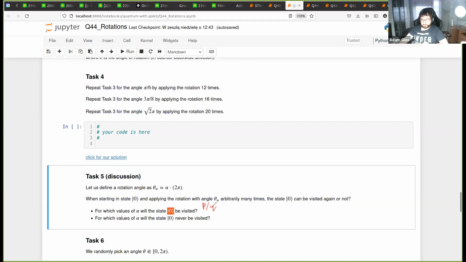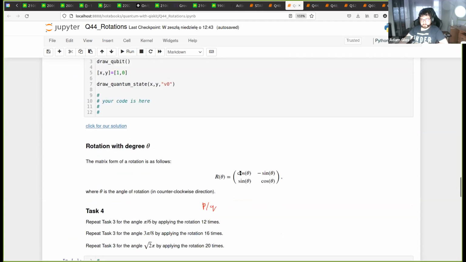So the thing is, at least for rational, it's extremely simple to show. Suppose we have a rational number p over q. These are integers, both p and q. We just apply this rotation gate q times, and you are guaranteed that this angle will be 2 times pi times p. But cosine of 2 times pi times p will give you 1, 0, 0, and 1.